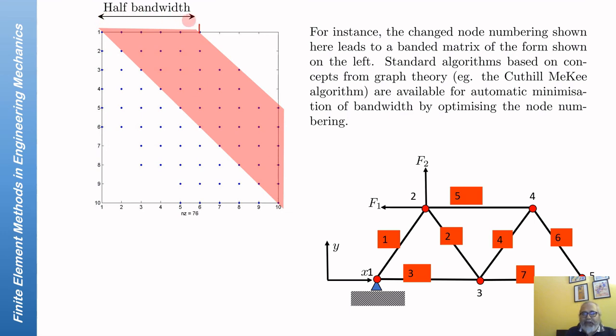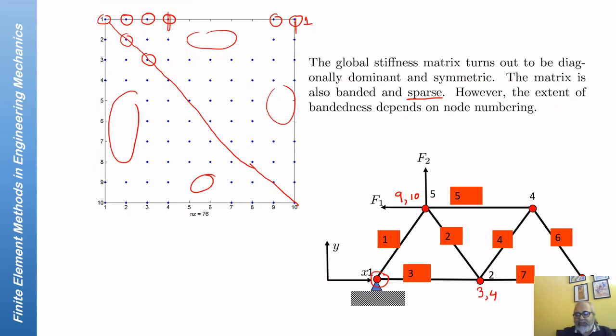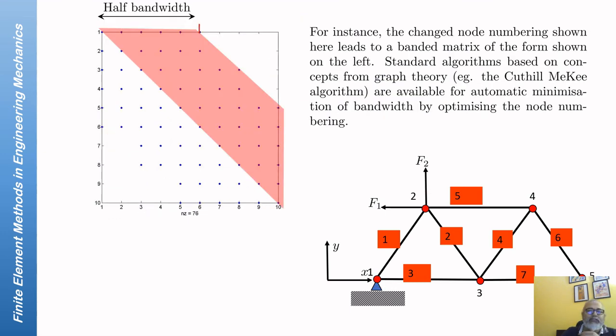This is called the half bandwidth, and the rest of it is symmetric, as we know. So the half bandwidth has been reduced considerably from this case, and this becomes very important when you deal with very large structures. You have to reduce the bandwidth, and this is not really a finite element problem. There are standard algorithms that borrow from graph theory, and these are available.